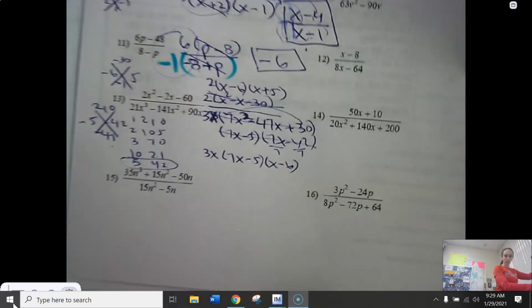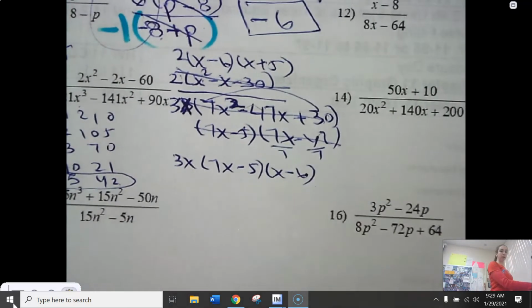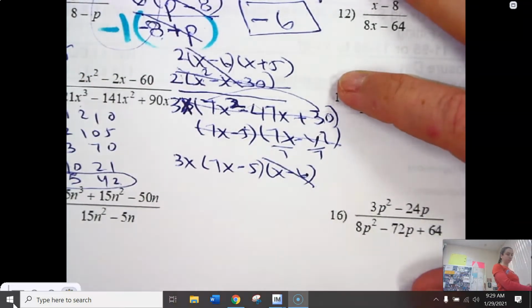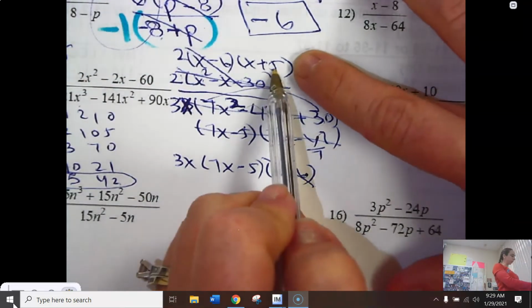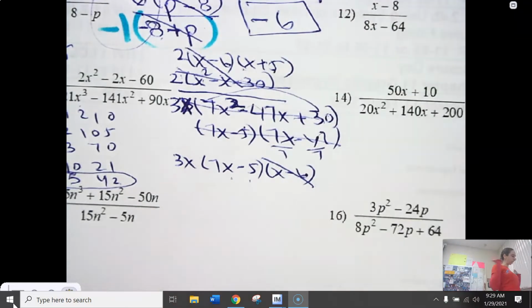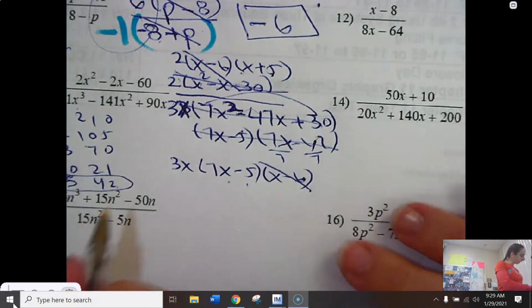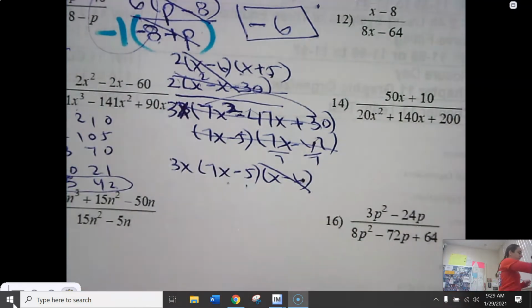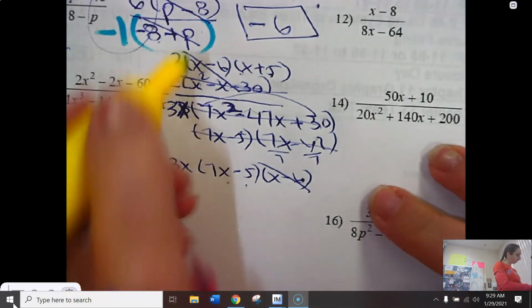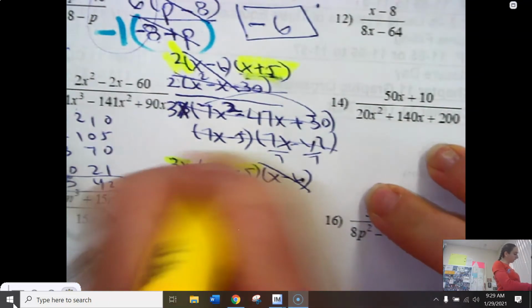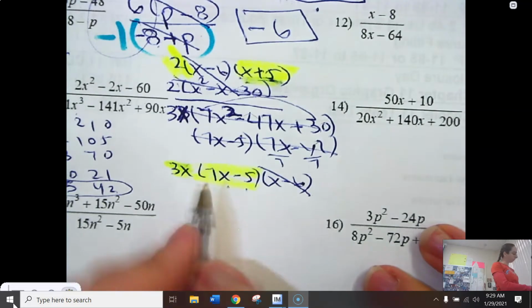So let's go back into zooming in and start now with this whole mess, crossing off what's the same. So x minus 6 is the same. Now, this is being added, that's being subtracted, can't do it, okay? So I don't really see anything else that I can cross off. So here's what I like doing. I like going through and highlighting what I didn't cross off before I write the answer to make sure I can keep track of everything.